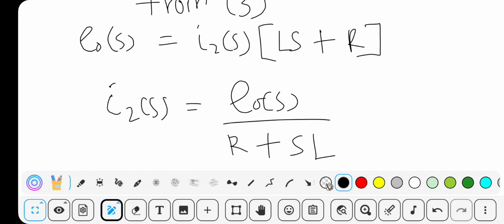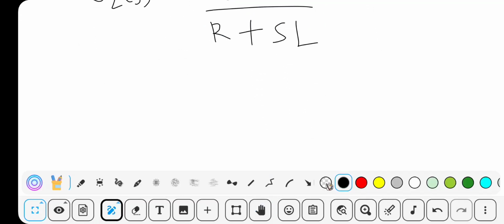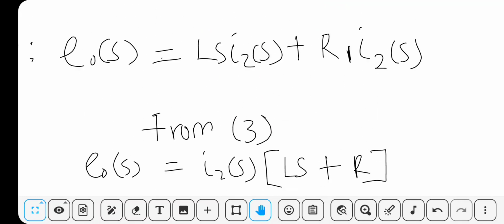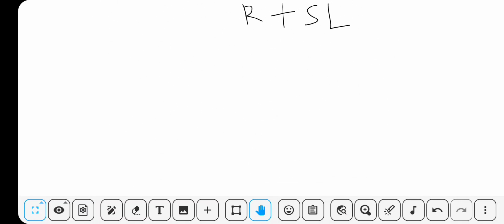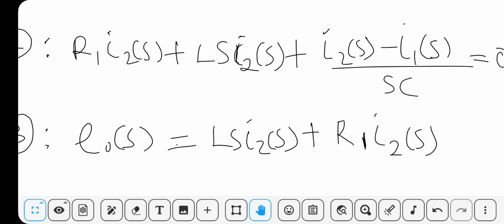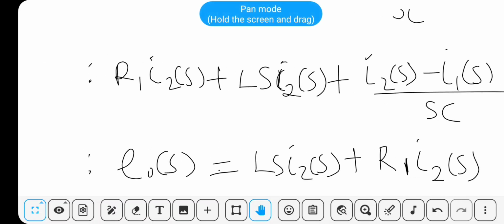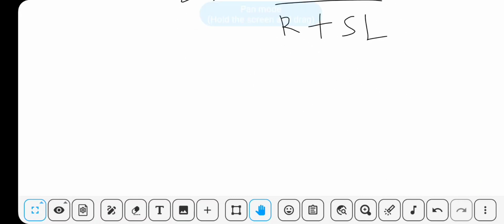So now, just like we did in the previous video, substitute this value of I2 of S into equation 2. That's this equation 2, this equation here.